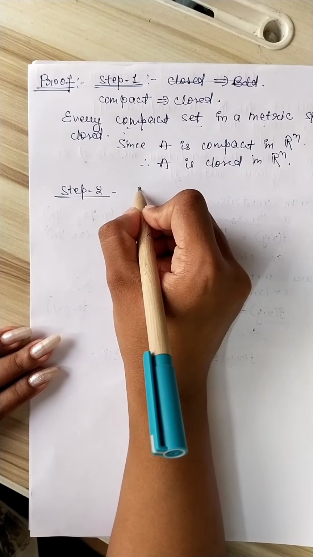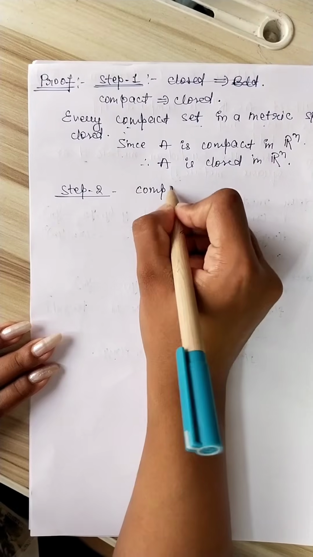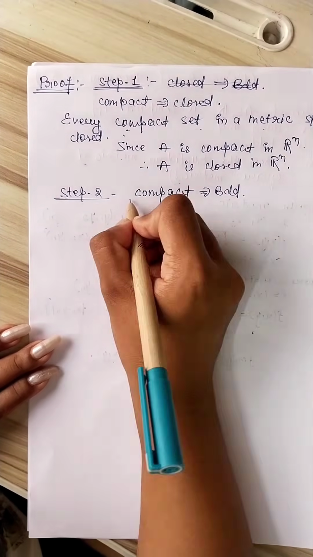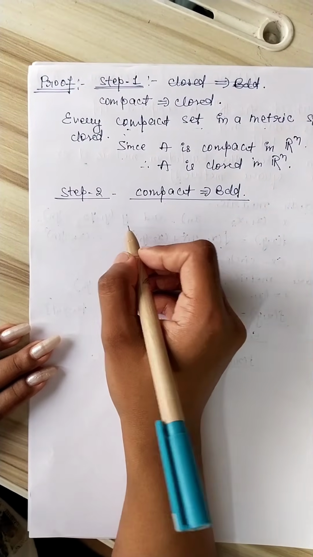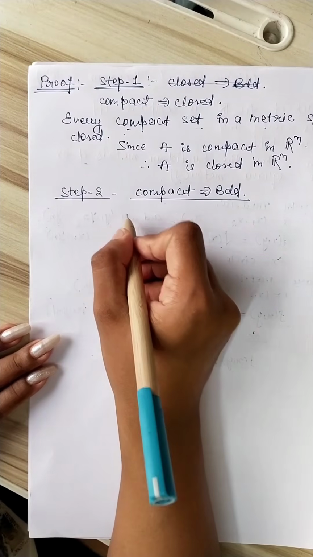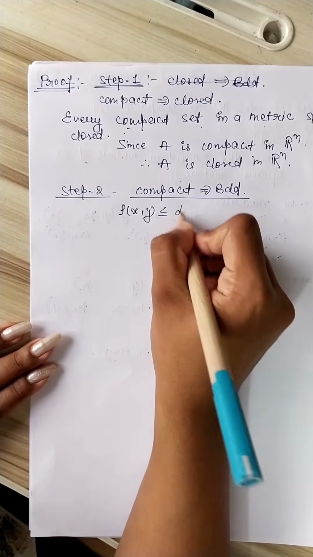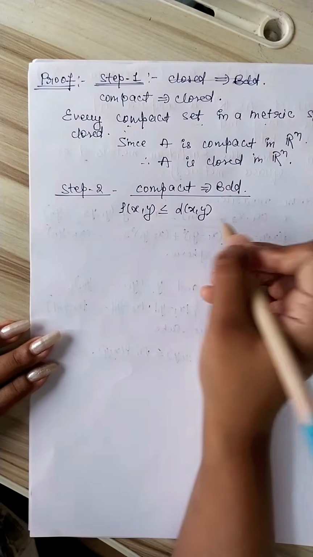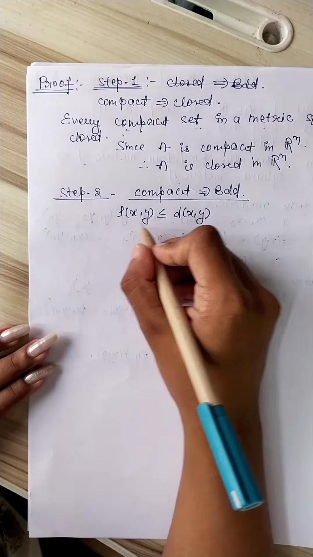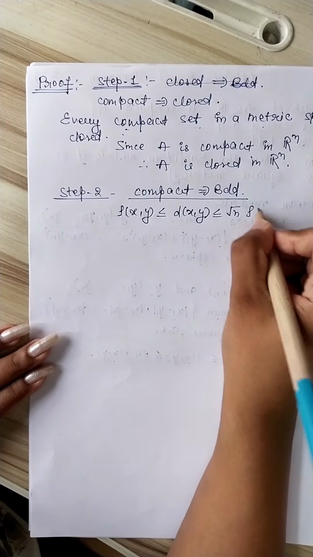Step 2. If A is compact, then A will be bounded. Now from the previous relation, the Euclidean metric is greater than or equal to the square metric, and less than or equal to root n times the square metric.